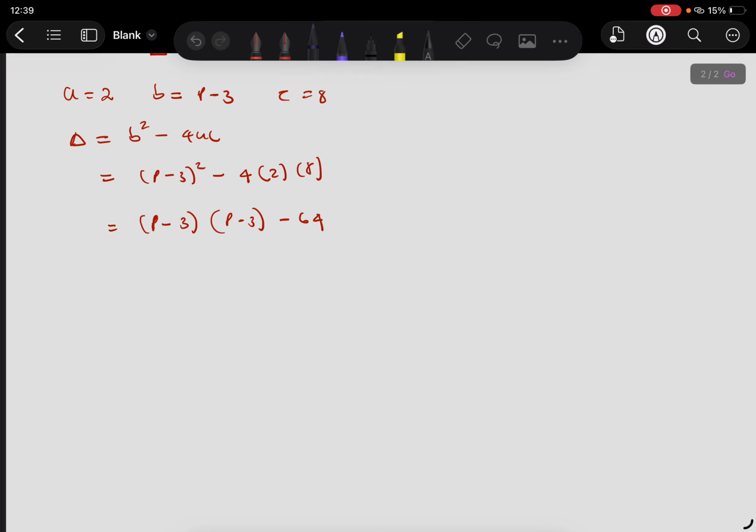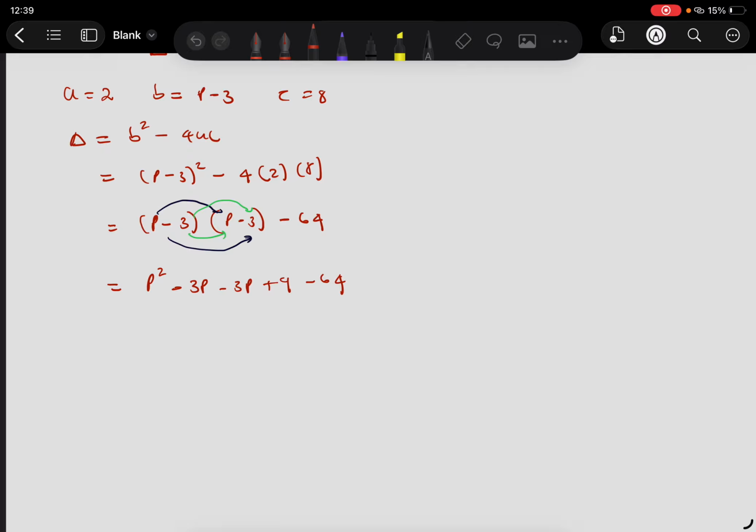We know that when we're multiplying two brackets, we just cross multiply. So in other words, we are going to have p times p, which is p squared. p multiplied by minus 3, which is negative 3p. Negative 3 multiplied by p, negative 3p again. And then negative 3 times negative 3, which is a positive 9. Minus 64.